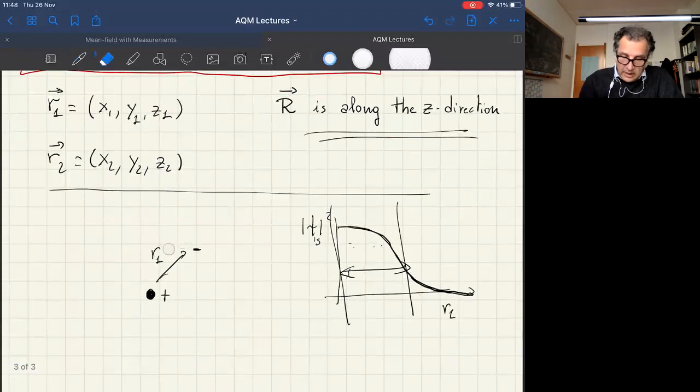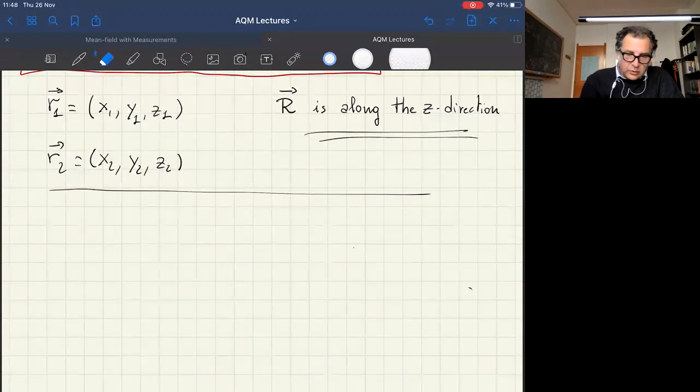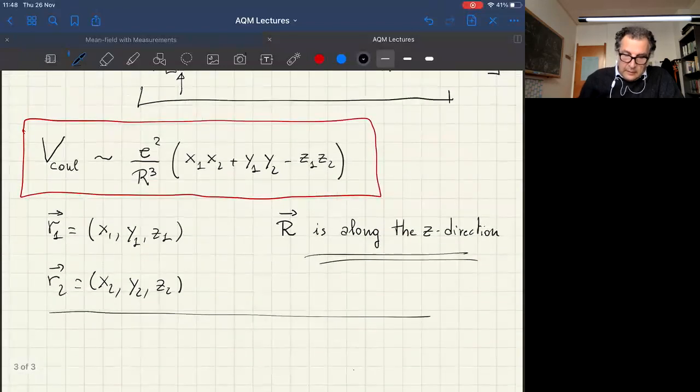So now the next thing I have to do is consider this as a perturbation to the H0.